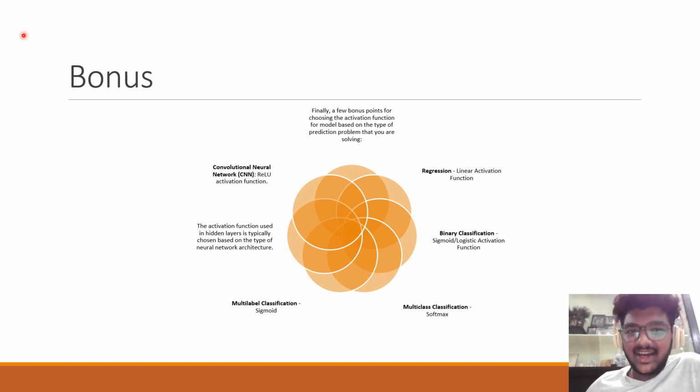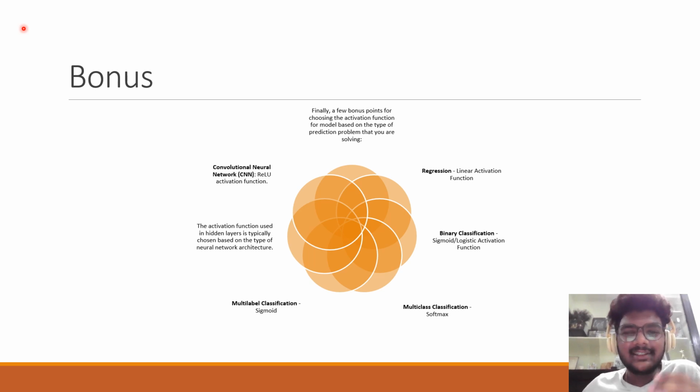Finally, I would love to add a few bonus points here. As we know, choosing an activation function for a model based on the type of prediction problem you solve is difficult, so I would love to add a few bonus tips. The activation functions that I add here are recommended at the global level too.